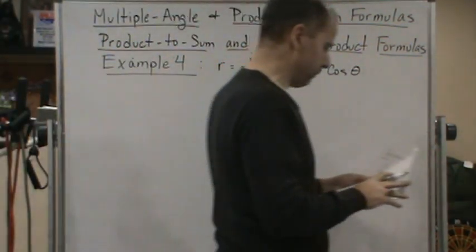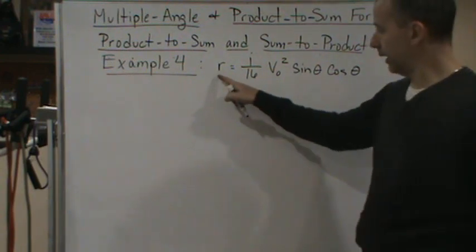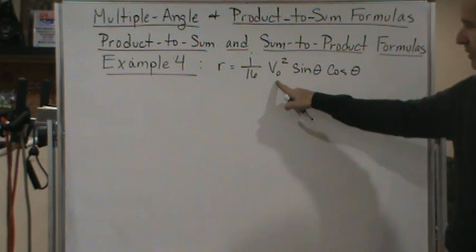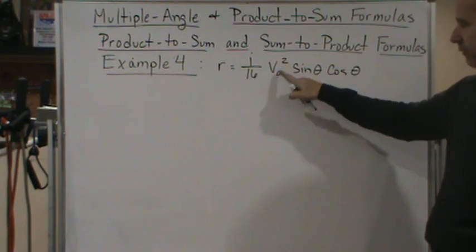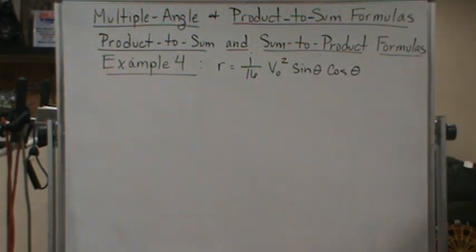Alrighty, now we're going to do example 4, where we're going to deal with projectile motion. Ignoring air resistance, the range of a projectile fired at an angle theta with the horizontal and with initial velocity v naught feet per second is given by this: R equals 1/16 times v naught squared times the sine of the angle times the cosine of the angle.